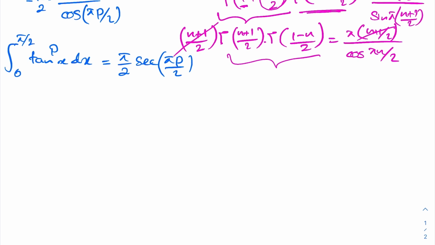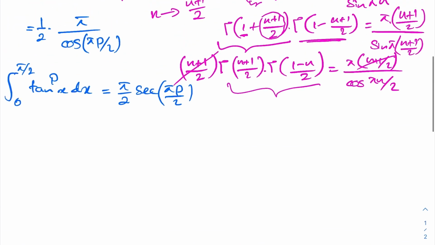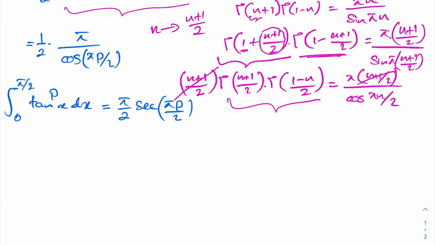Now if we differentiate with respect to p, we know tan raised to the p of x times natural log of tan of x. So now I am going to differentiate.